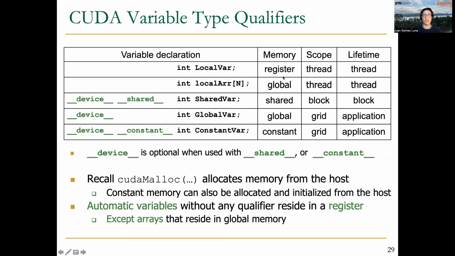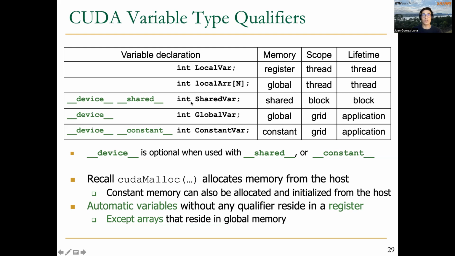And if inside the GPU kernel we define an array like this, it will be a private array for each individual thread. And the compiler, if possible, will allocate it in registers as well. If not, if there are not enough registers, maybe because this N is too high, then it will have to be allocated in the off-chip DRAM.